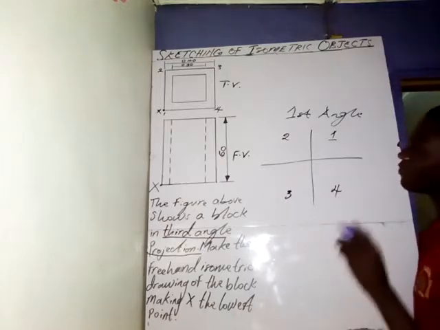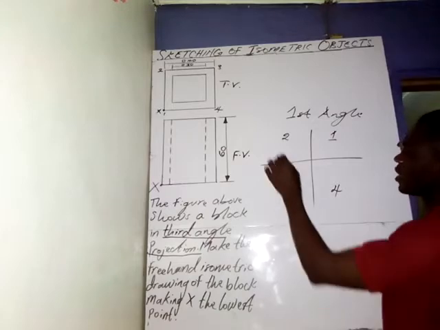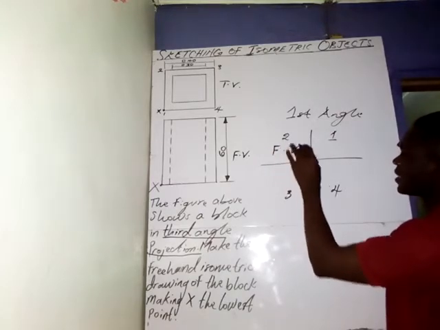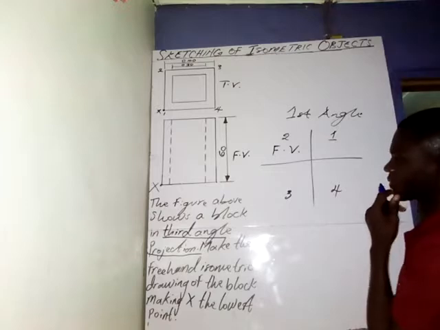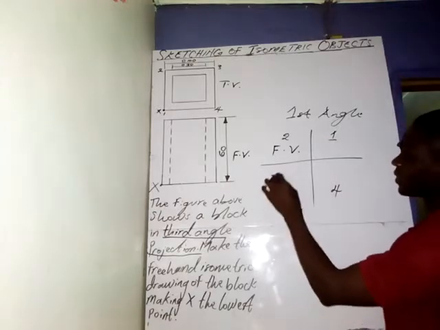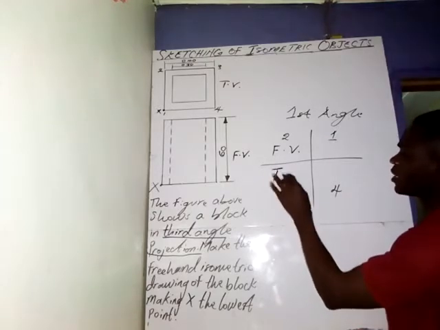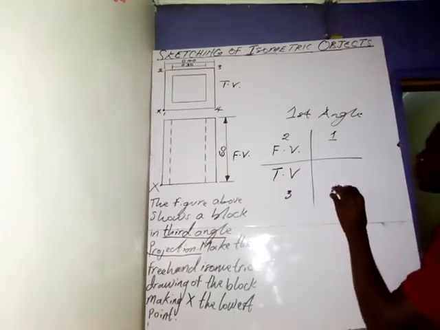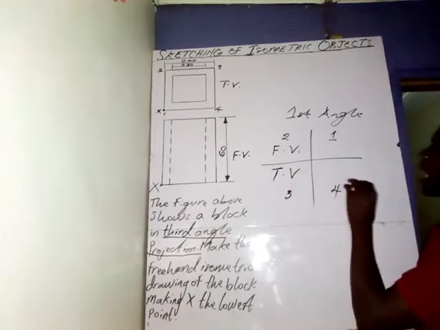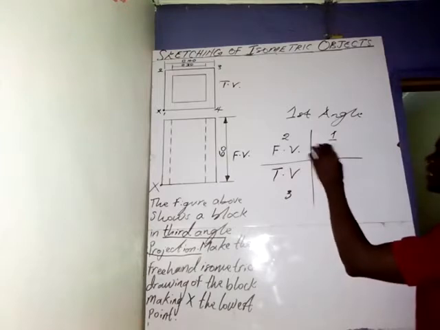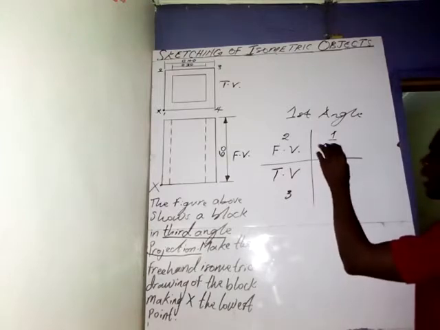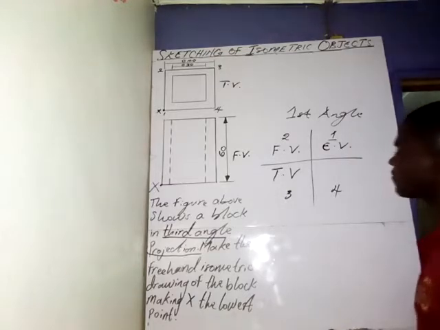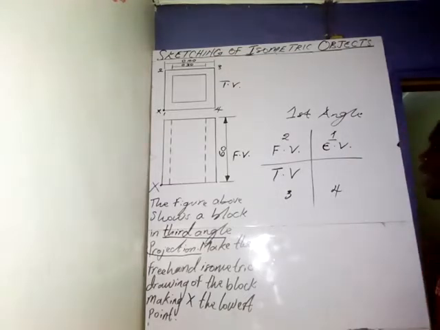In the first angle projection, the front view of an object is placed in the second quadrant, the plan or top view is placed in the third quadrant, and the side elevation or end elevation is placed in the first quadrant. So here we have the end view or the side view, that is the first quadrant as first angle.